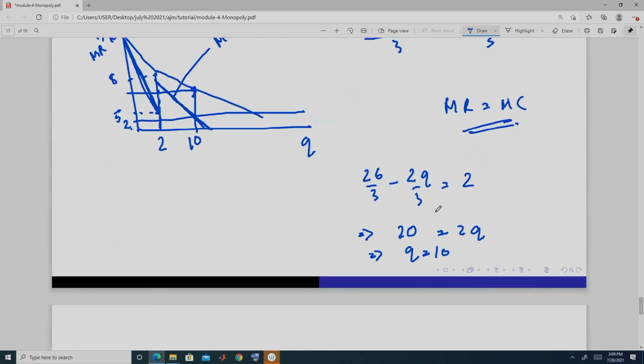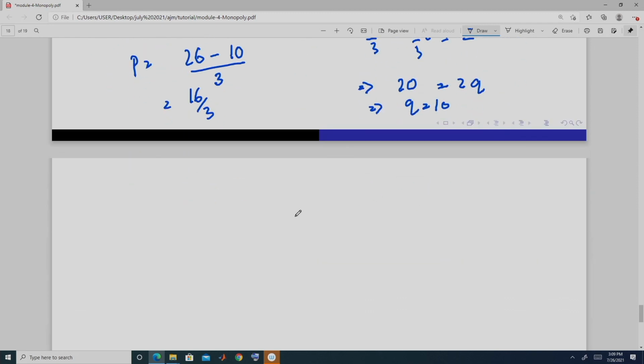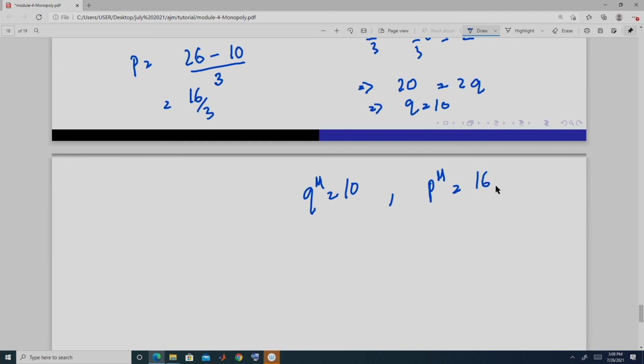So, the price is 26 minus 10 divided by 3. So, it is 16 by 3. So, this point is actually 16 by 3. Okay. So, here monopoly output is 10 and monopoly price is 16 by 3.